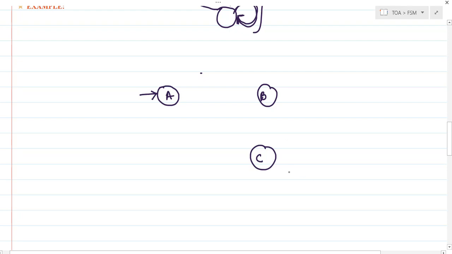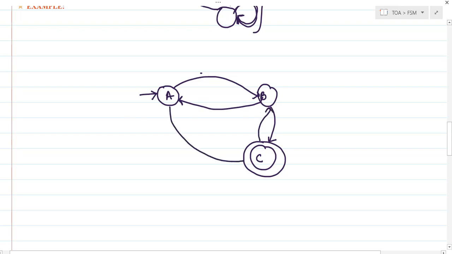It has a final state as well. Let's take C as the final state, and now we'll draw some transitions from one state to another. These edges show the transition from one state to another state. I'm just randomly drawing this graph so that you'll understand what a transition graph for a particular machine may look like.